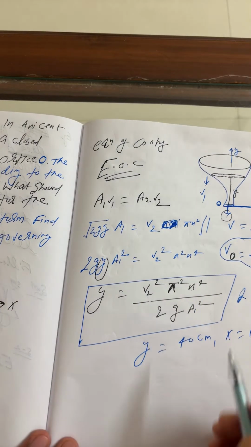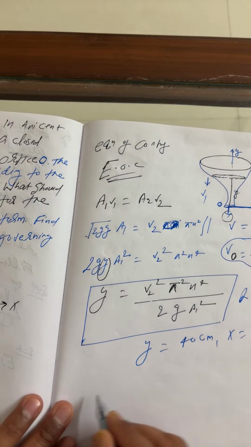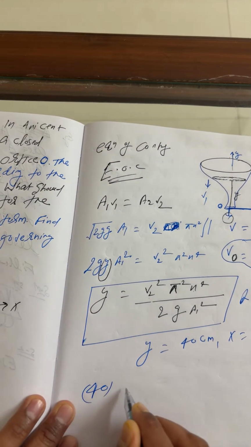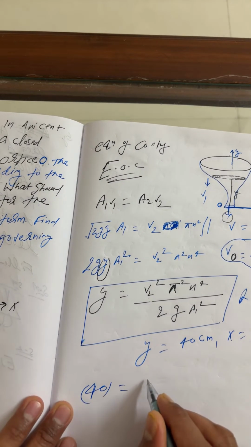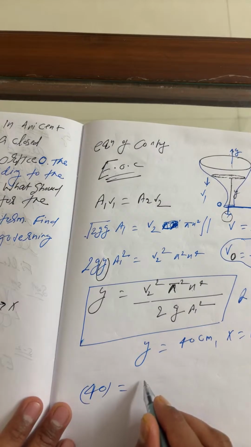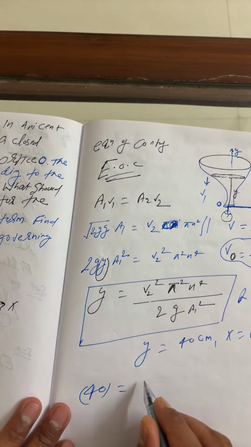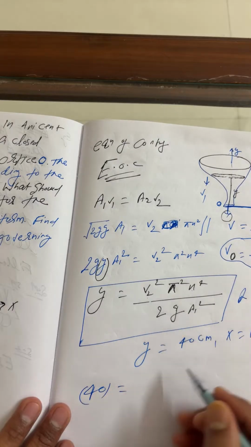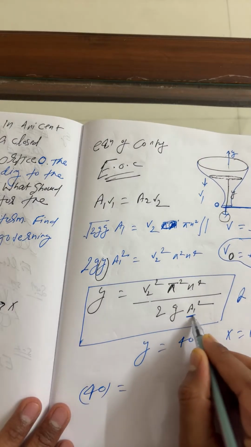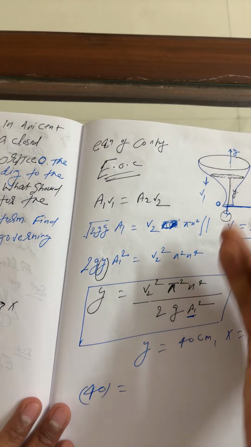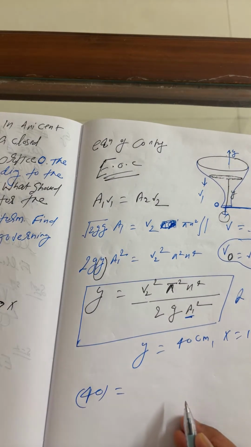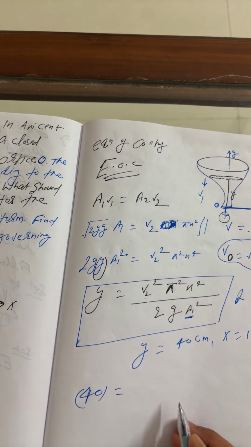So x is what? I'll solve it here for you. x, this is 40 by ... A1 square. We can check whether that is the condition mentioned in the question or not.